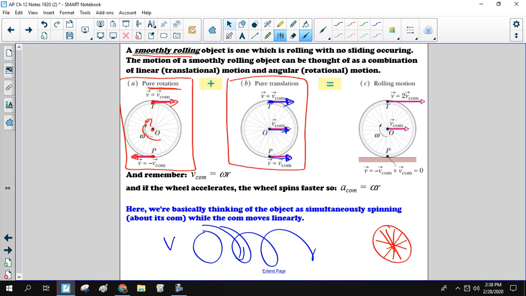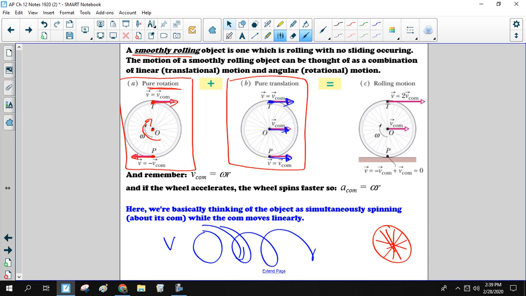But because it's rotating, technically the velocity of the different points on the wheel is different.